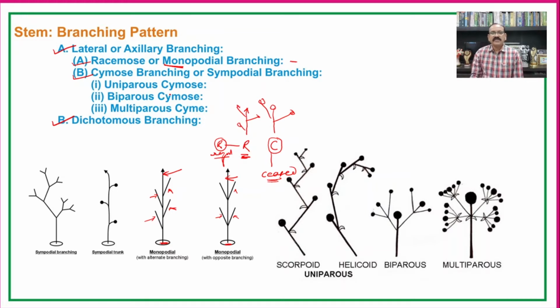This cymose branching, or sympodial branching, is again classified into uniparous cymose, biparous cymose and multiparous cymose.